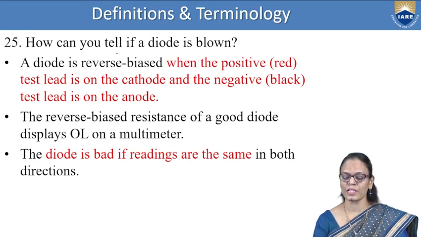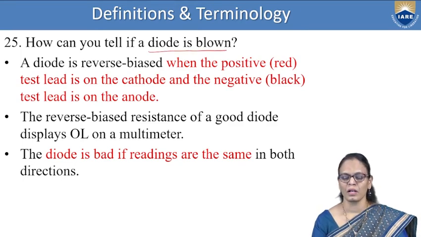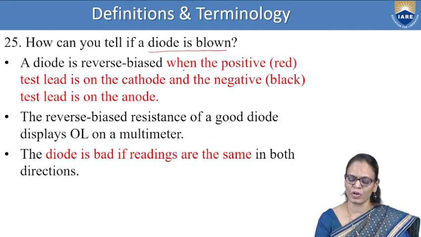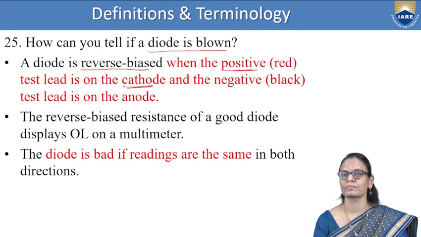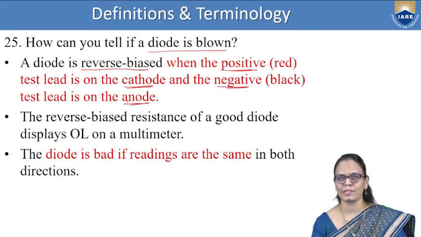Now, how can you tell if a diode is blown or it's not working? A diode is reverse biased when the positive test lead is on the cathode and the negative test lead is on the anode, which we have already discussed. So when the positive is on the cathode and the negative is on the anode, then it is reverse biased.